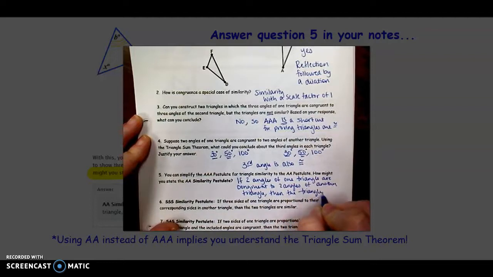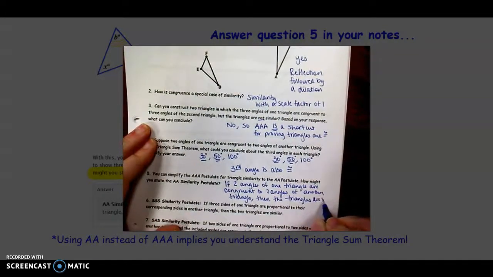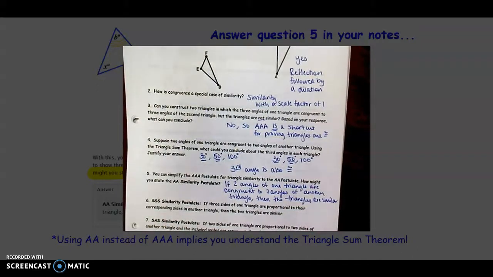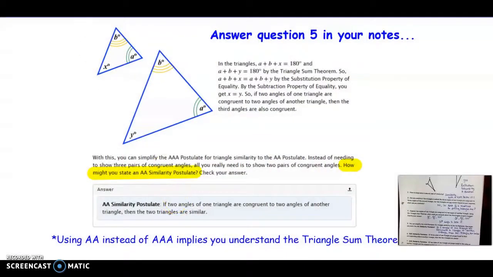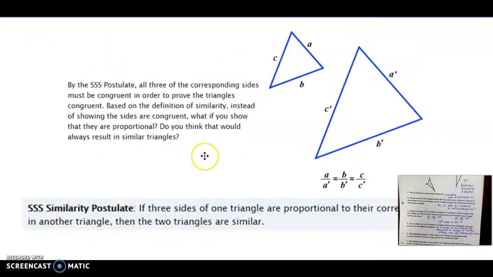And you can pause this if you take a little bit longer to write that. That if two angles of one triangle are congruent to two angles of another triangle, then the two triangles must be similar. So we call this shortcut AA, not AAA. We just simplify it a little bit more.